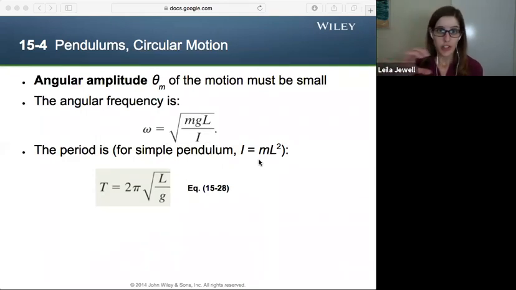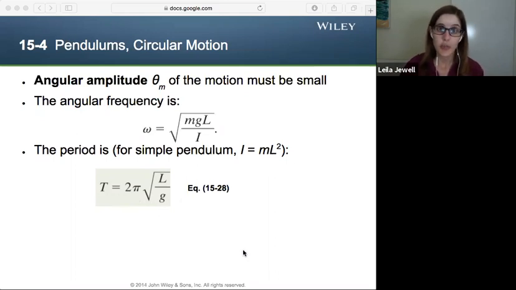So the rotational inertia will just be m r squared, where the radius here is L. So we can calculate I with mL squared. So we plug that in, then we'll find that one of the L's cancels and the mass cancels out. To get to the period, we note that we'll have to flip everything and have a 2 pi factor in there. So we end up with period is equal to 2 pi times the square root of L over g.